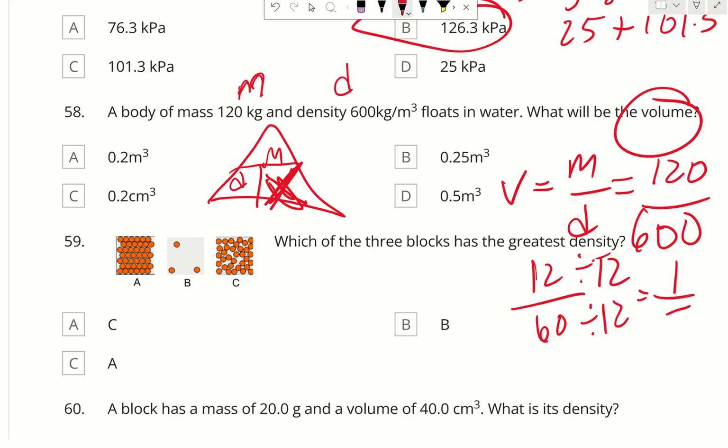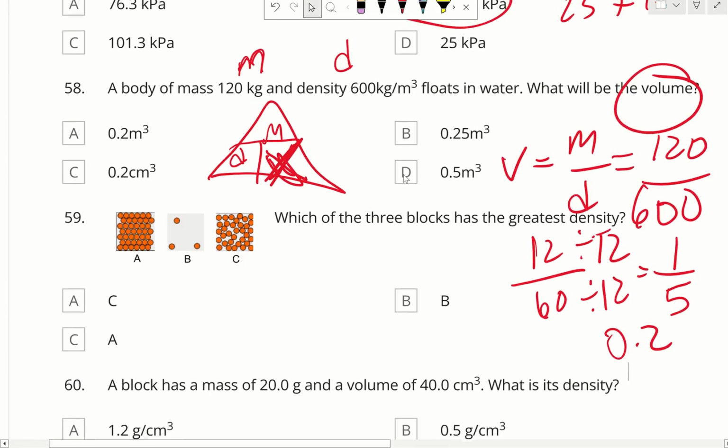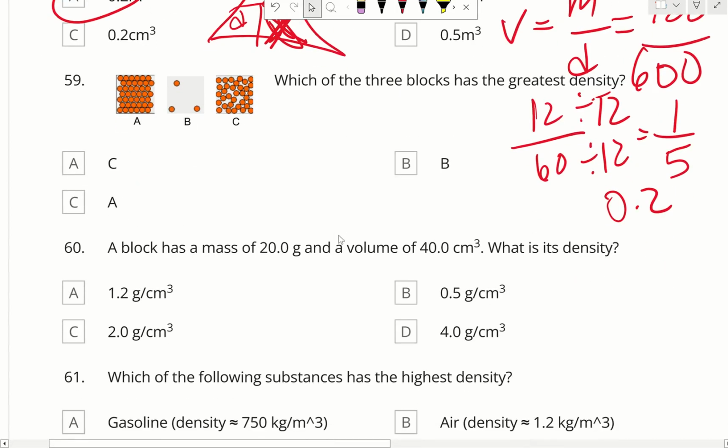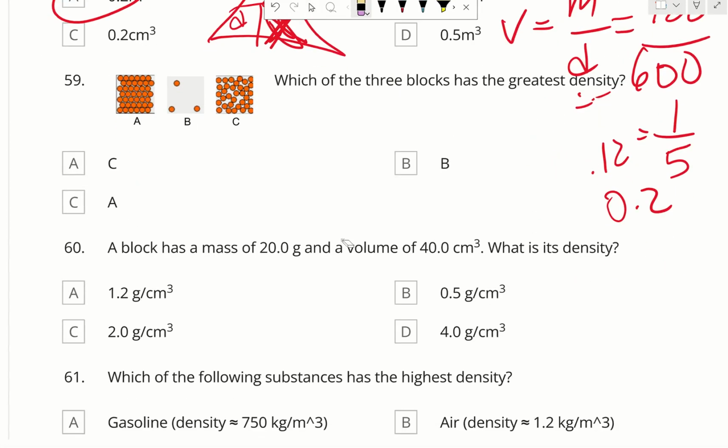It's going to be 1 over 5. 1 over 5 equals 0.2. So look at kilograms, and I have my kilograms up here. I need my meters cubed. 0.2 meters cubed.